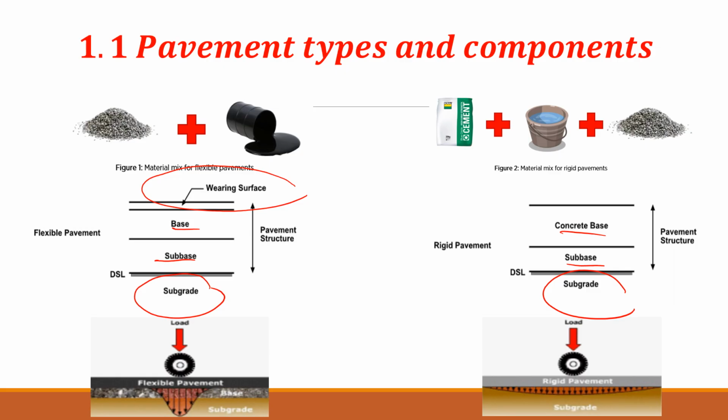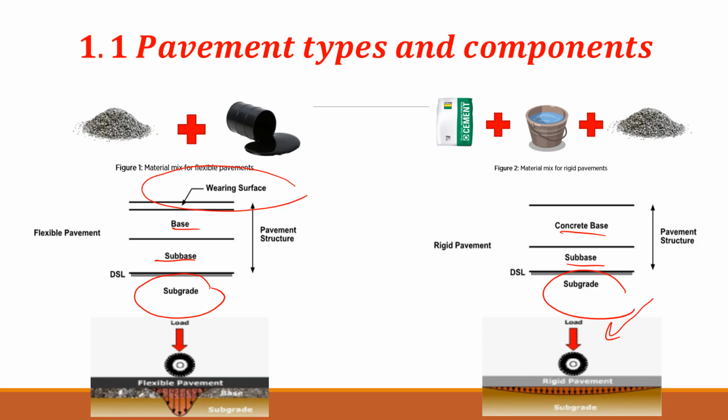But in rigid pavements, the load is distributed by bending. It's like a beam. Why we need to know this? To do the calculations and find the right material and to find out the right thicknesses, we need to know how the load is distributed, isn't it? So we are going to use this knowledge as well when we do the design part.